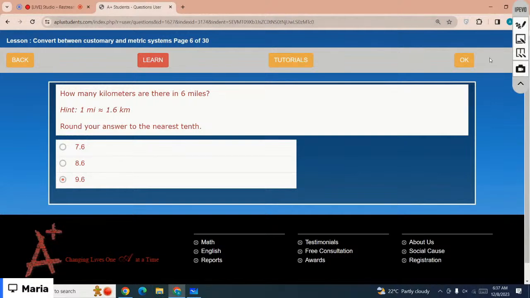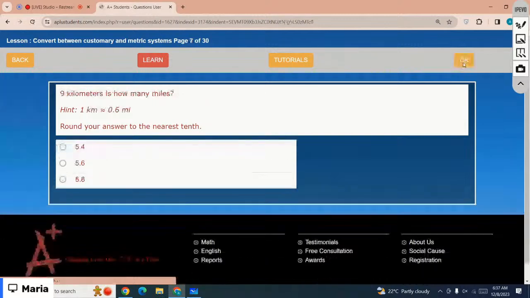It is right. 9 kilometers is how many miles?